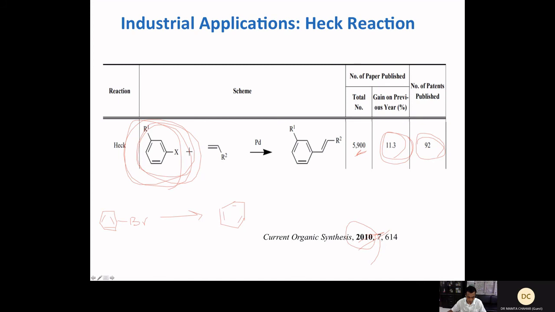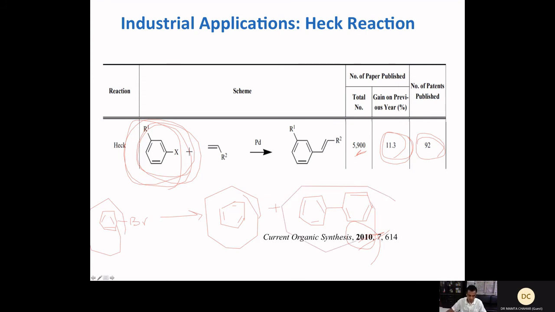Because protodehalogenation can happen. At the same time, oxidative addition can lead to the homocoupling product. That means these products can also be forming quite a lot. So not only benzene, from here you can get the biphenyl as well.